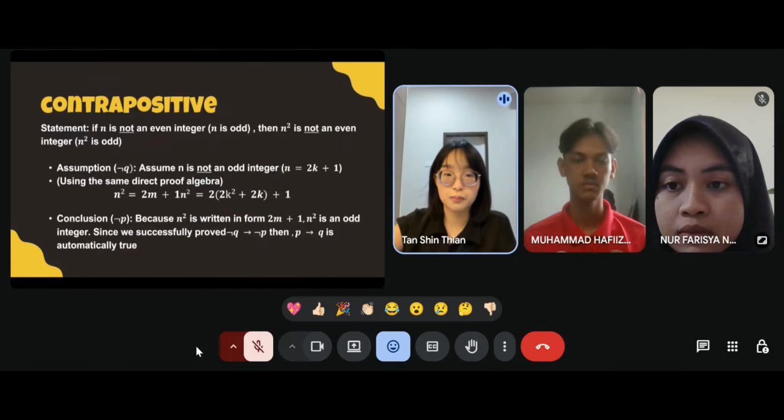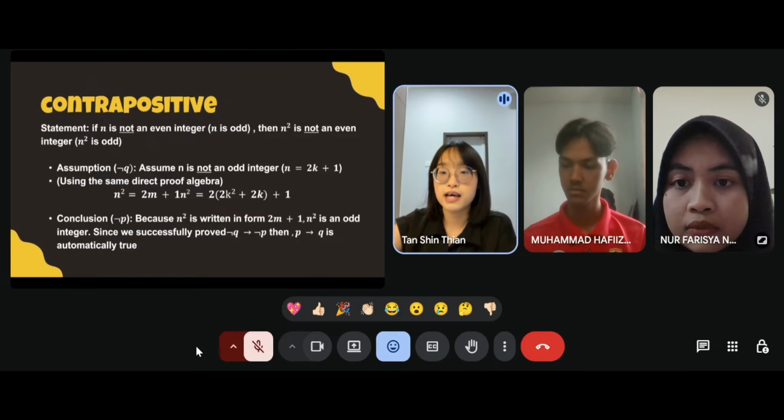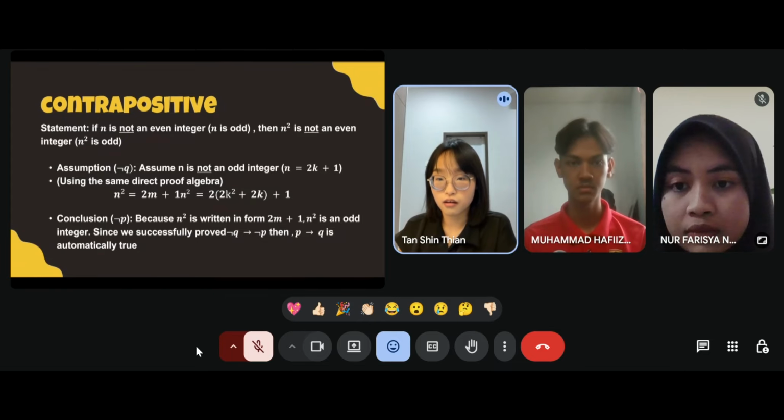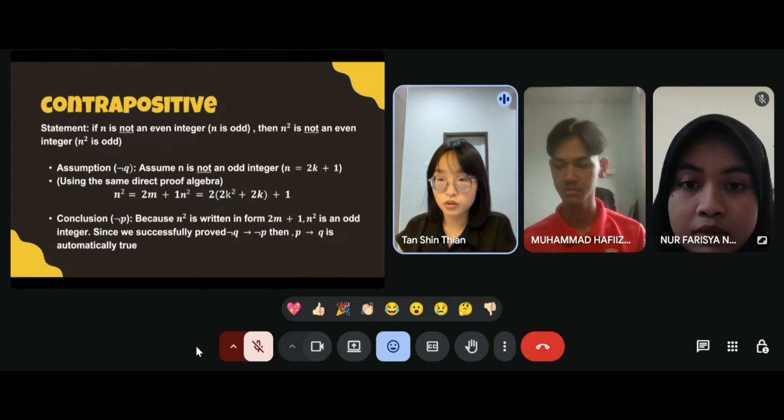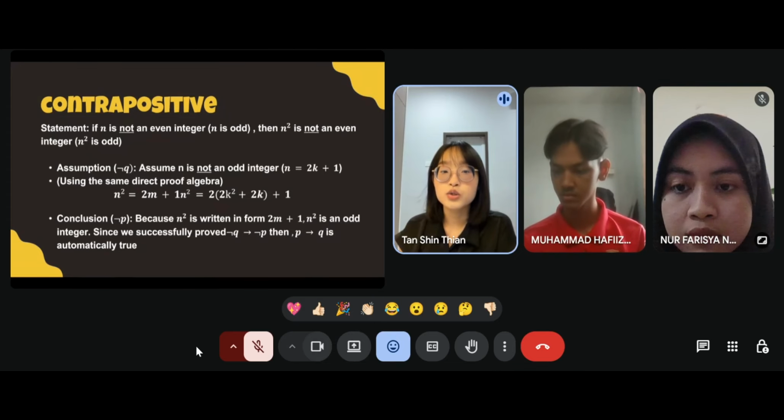Here is one of the examples. Given that if n is an even integer, then n squared is an even integer. First of all, we assume that n is not an even integer, which means n is odd, n equal to 2k plus 1. Using the same direct proof algebra, n squared equals 4k squared plus 4k plus 1.